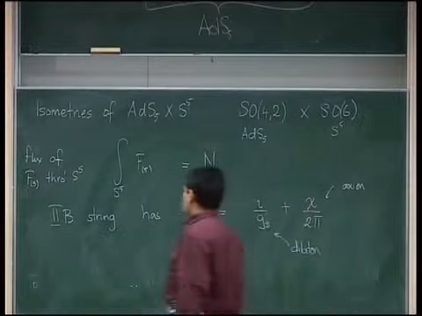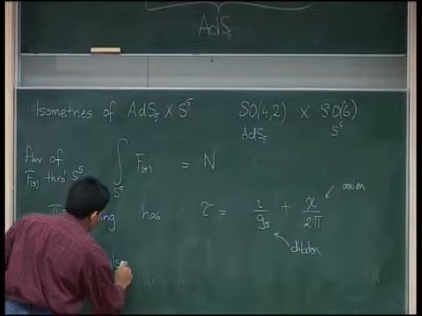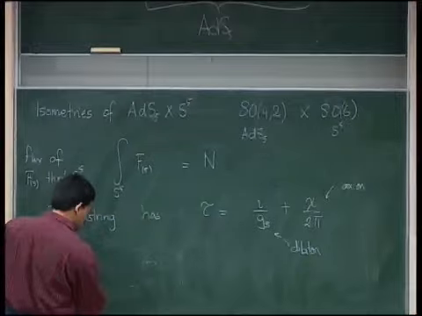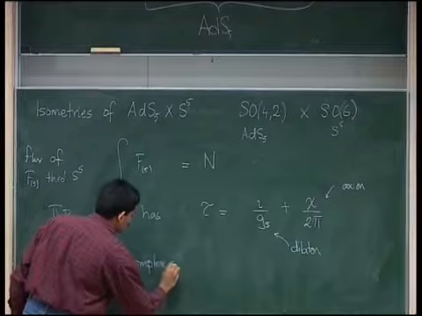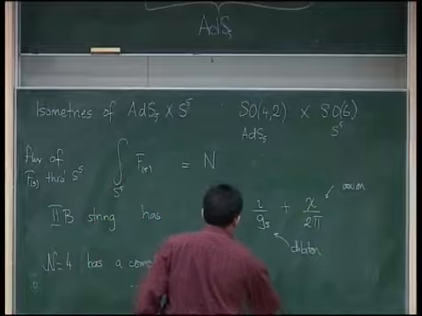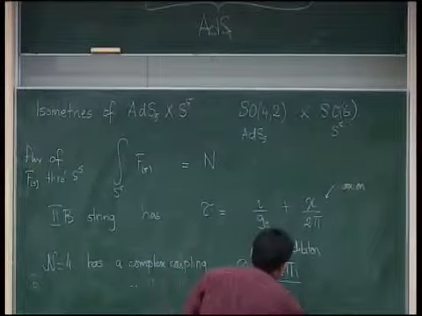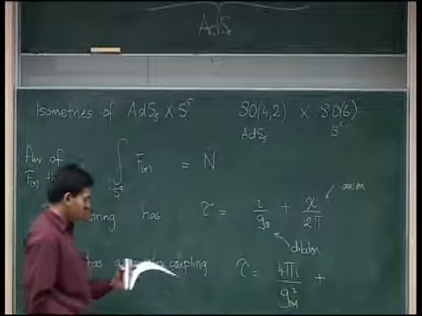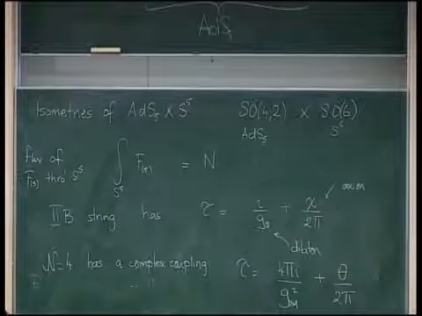But the Yang-Mills theory, N equals 4 super Yang-Mills, also has a complex coupling which you are familiar with, which is nothing but, the imaginary part is the Yang-Mills coupling constant, and the real part is the theta angle of N equals 4.